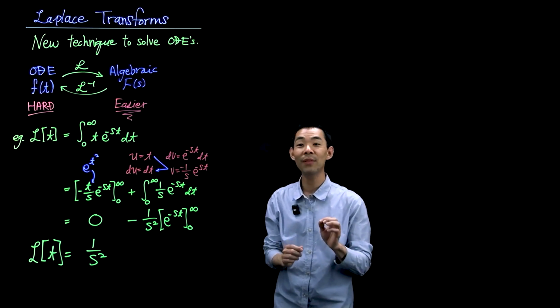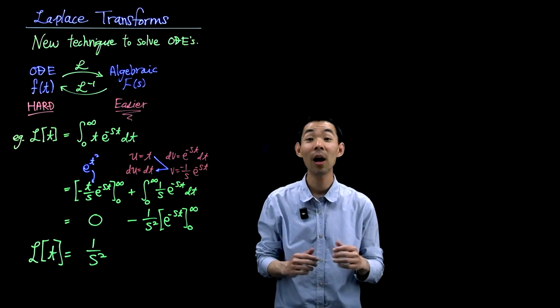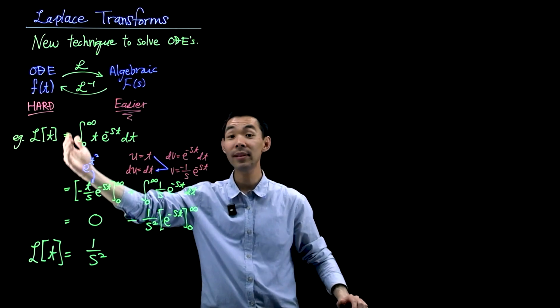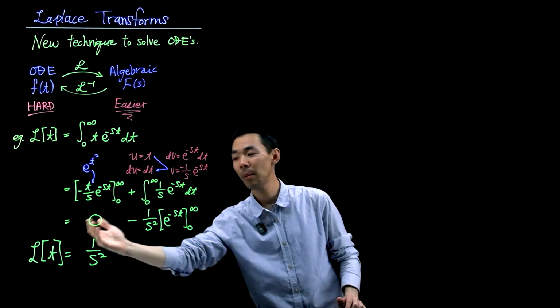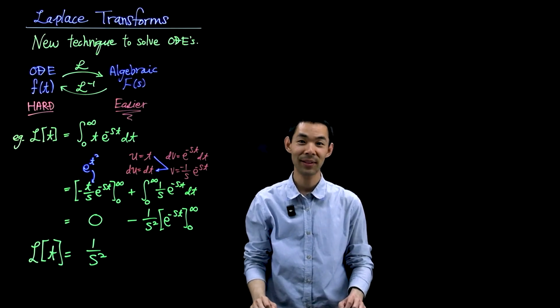So what we have done is to create a very convenient lookup table of all the functions that are commonly seen in science and engineering, and all the corresponding Laplace transformed functions as a function of s.